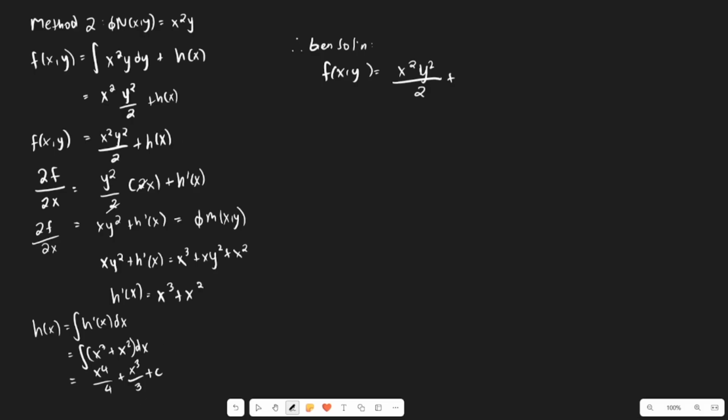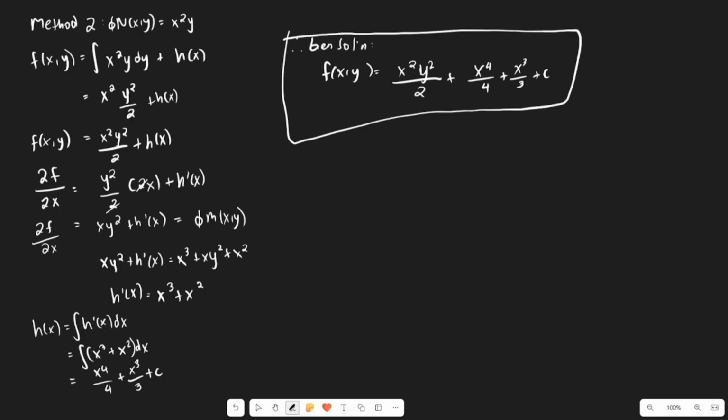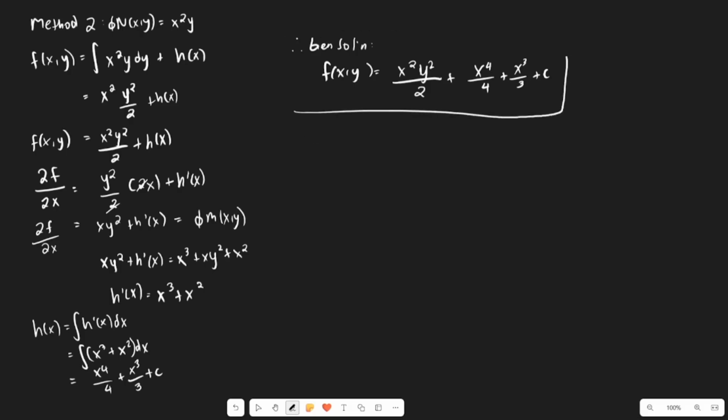So h of x becomes this part, x raised to 4 over 4 plus x cubed over 3 plus c. Then we now have our general solution. Okay, so that's all for example number 1.